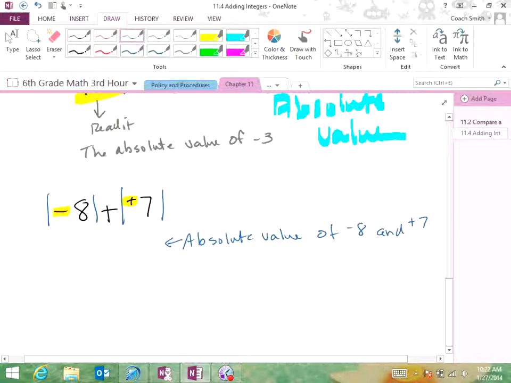What is the absolute value of -8? 8. Minus, I'm going to subtract their absolute values. Minus the absolute value of 7, which is 7. What is 8 minus 7? 1.